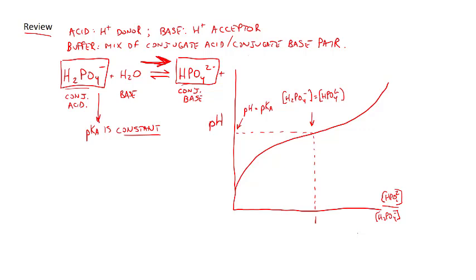But what is this telling us? So this is telling us that whatever pH we start at, we can keep adding a little bit of acid or base up to a certain point, right?